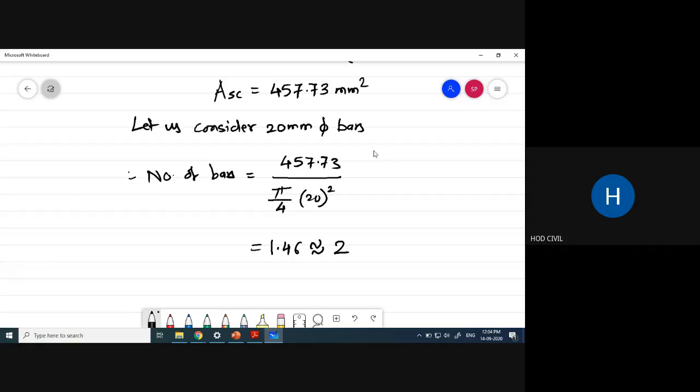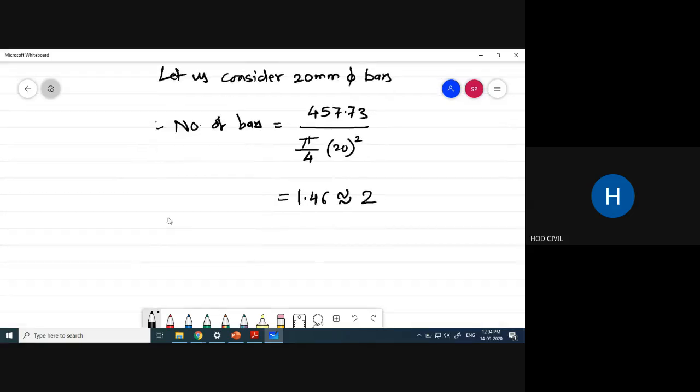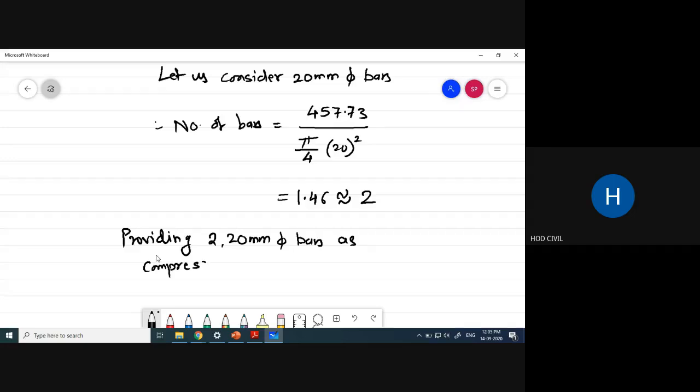Okay? 1.46, such odd number of bars we never provide. So just write down one sentence. Providing 2 bars of 20 diameter as compression reinforcement.